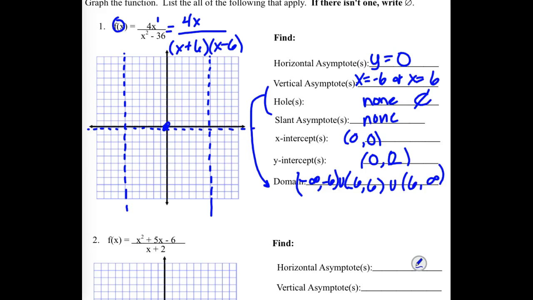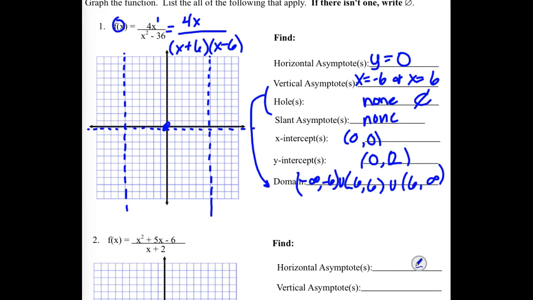All right, now, we don't have enough information on our graph to get a good picture. We've got a few asymptotes drawn in, and we've got 1 point. We need to find some points in each of those chunks, in each interval. So I'm going to need something to the left of this vertical asymptote at -6.